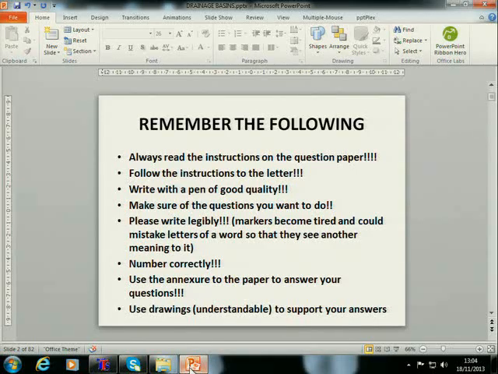This is very important. Use the annexure to the paper to answer your questions. I had a learner 1 year who told me that he never even opens the annexure because he doesn't know, it's just a lot of pictures. Remember, the answers that you must write must be according to the picture, to the sketches that they give you.